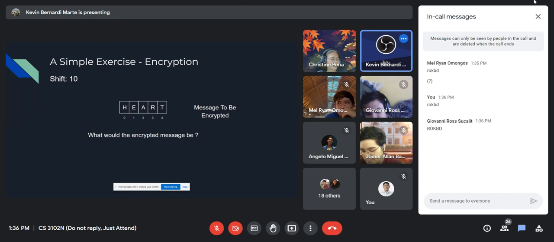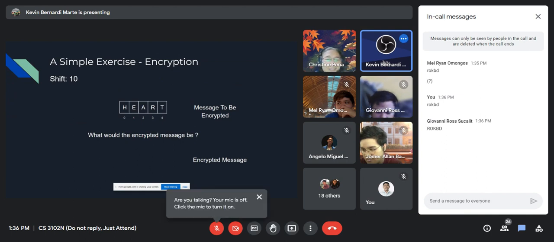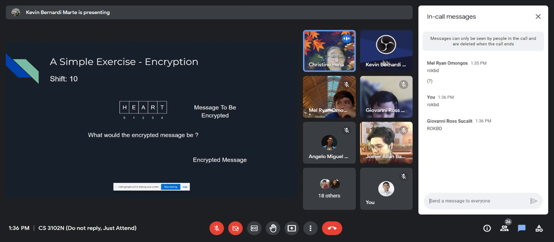So ROKB. So this is shift 10, not shift 12. It's shift 10 to the right. It's not ROKB, it's different. Shift 10, not shift 12.